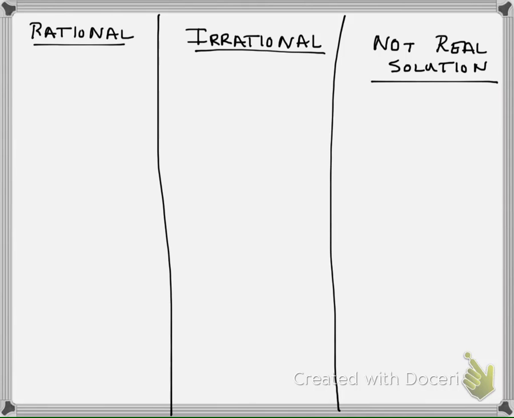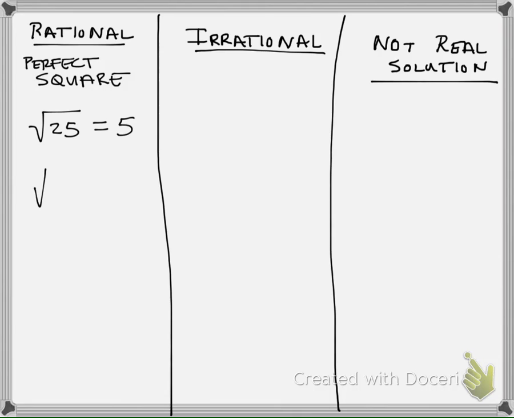Let's talk about rational numbers. Whenever we're given something that has a perfect square, we're going to consider it to be rational. So for example, if I say, what is the square root of 25? It has a perfect square of 5.